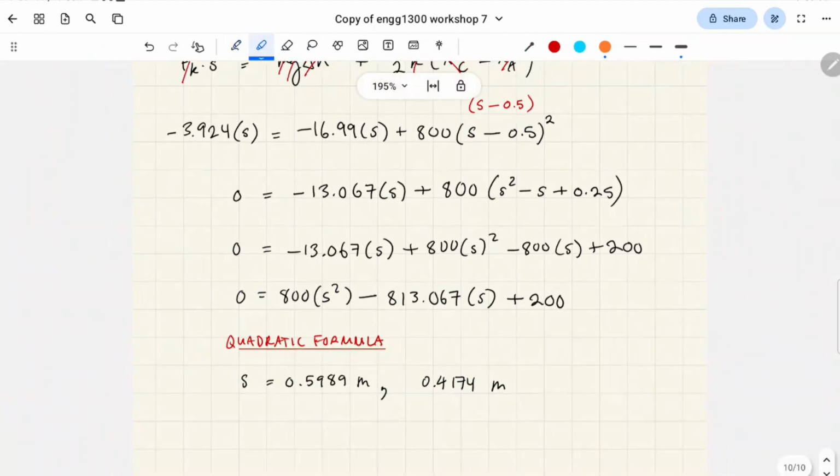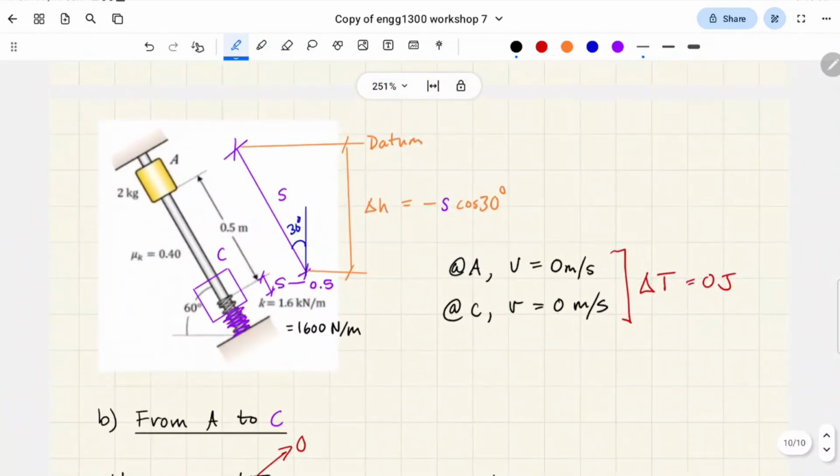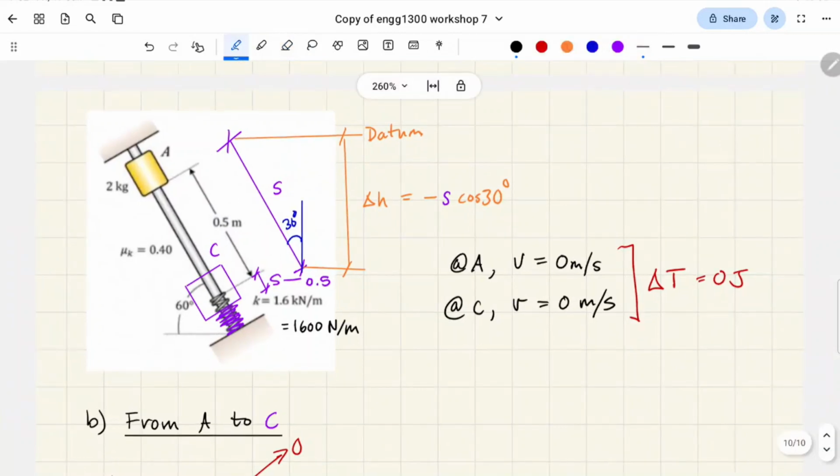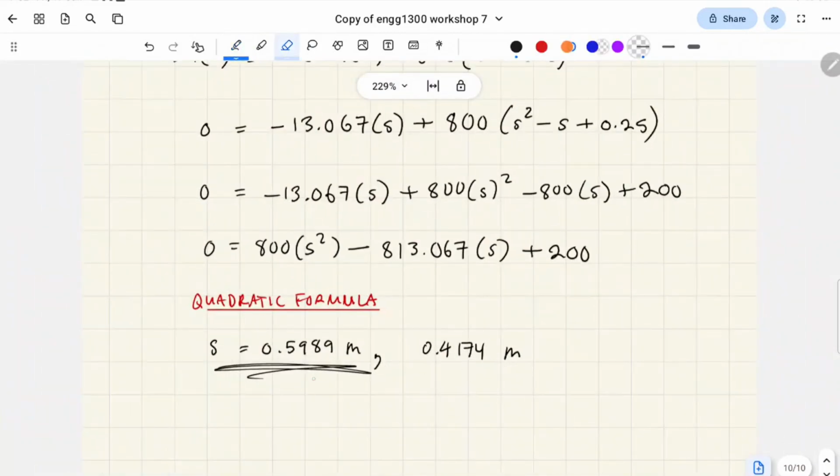All right, so basically we're given that S could be this or this, which are both positive numbers. But we know that this distance here, which was the displacement from A to B when we were looking at point B before, was 0.5. So it has to be bigger than 0.5, so it has to be that one on the left.